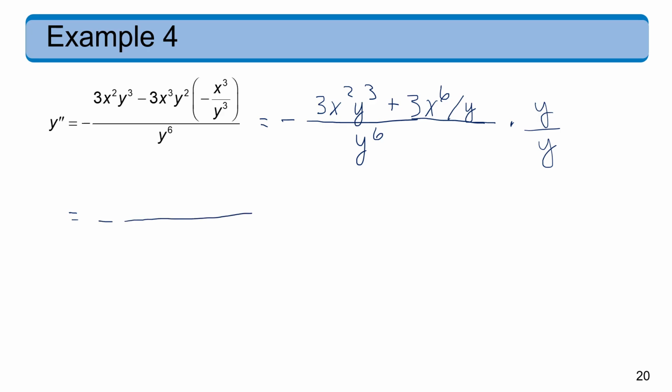I'm going to distribute this y to both terms. On the first term, I'll have 3x squared y to the 4th, and then plus, and on the second term, the y's will just cancel. So the second term is just plus 3x to the 6th. In the denominator, I'm multiplying y to the 6th by y, so add the exponents, that becomes y to the 7th.